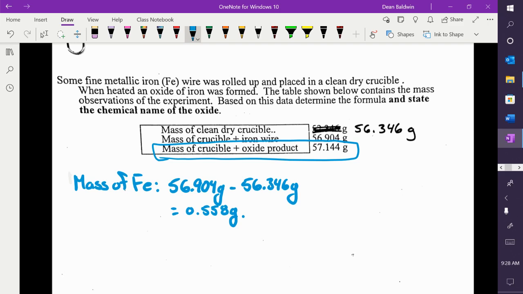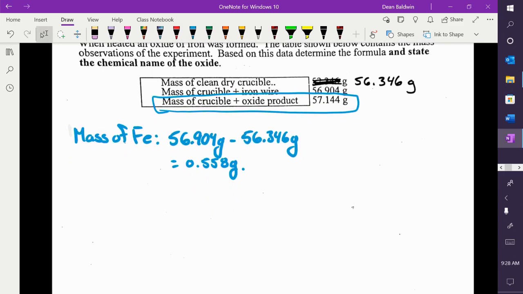So if I want to know the mass of oxygen used, it's going to be this one, the mass of the oxide product, which is 57.144, minus the second number.